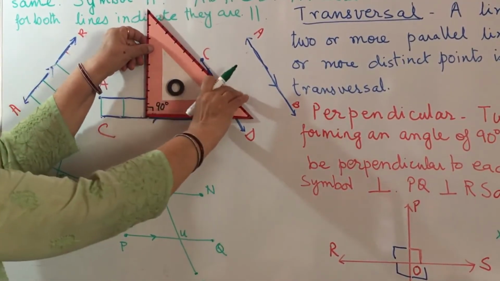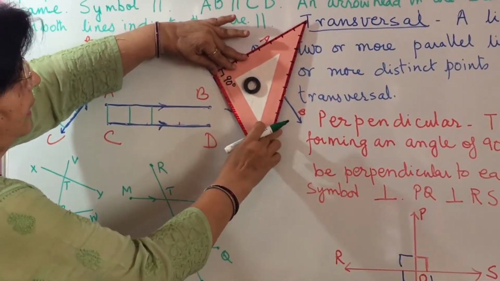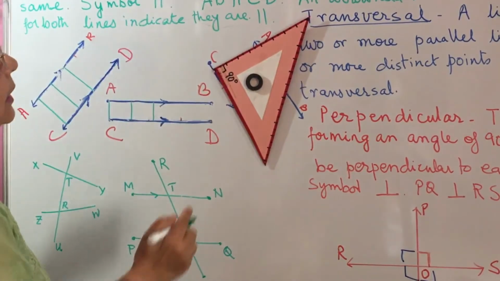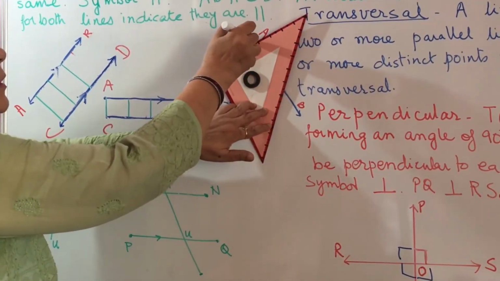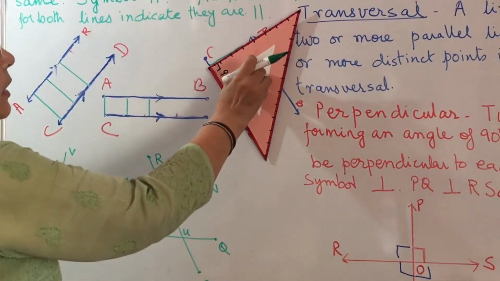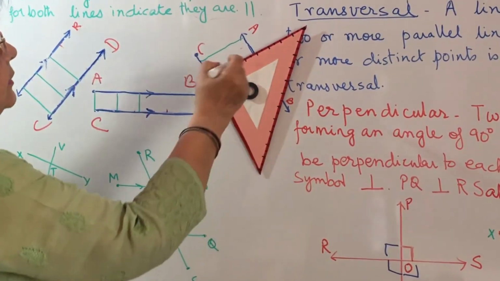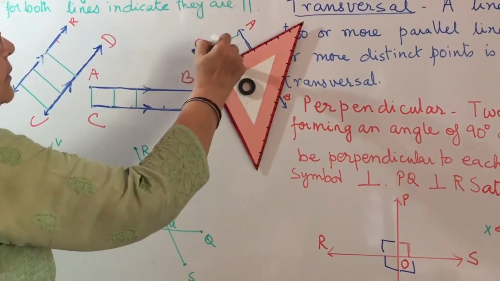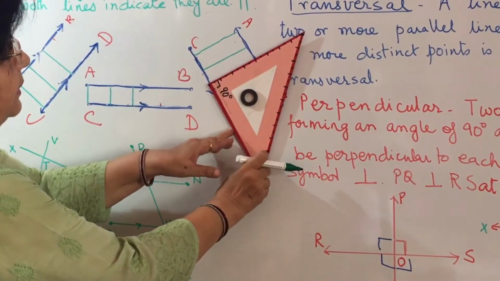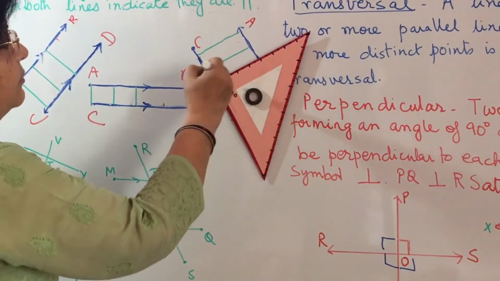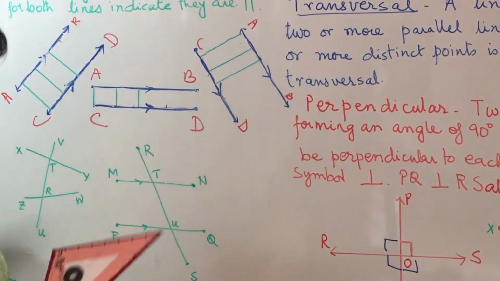In a similar fashion, I can again place the set square here along CD. Now I draw the perpendicular. I move this set square along CD and I draw another perpendicular. Now just see the lengths of all these perpendiculars as I can measure it from the set square is the same.